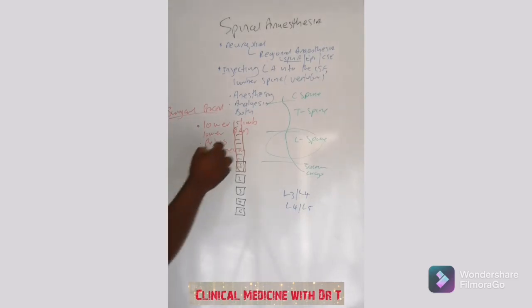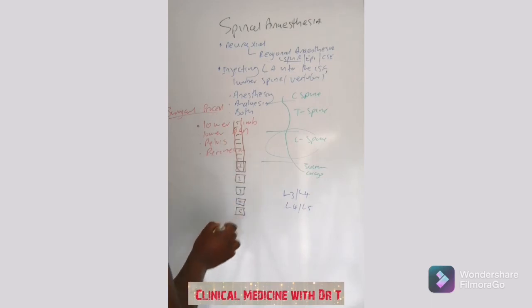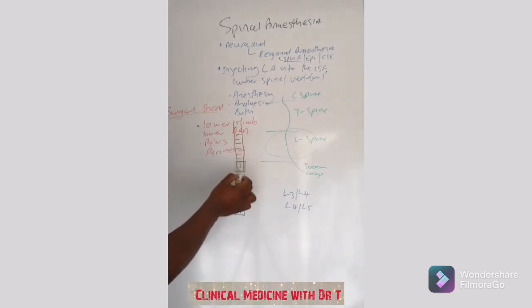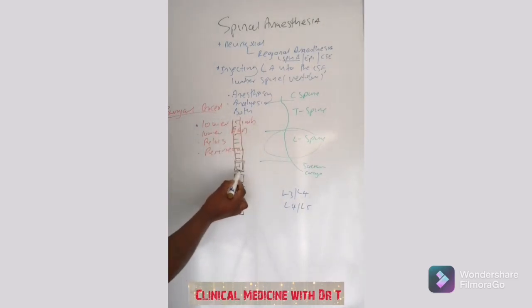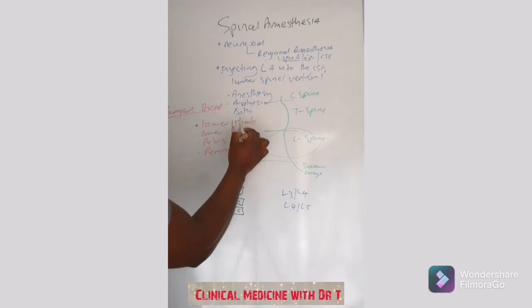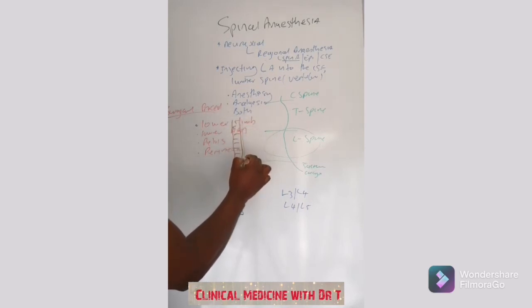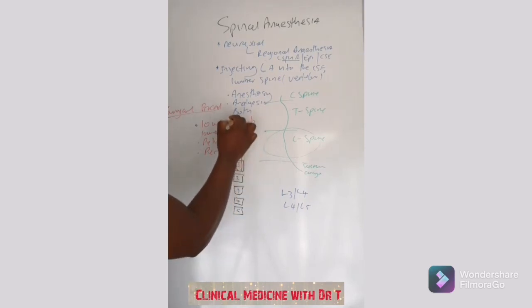The cord terminates around here, but you continue to have CSF going down, up until you get into those, I don't remember what they call them now. But as much as the cord ends here, you still have the layers that came with the cord.